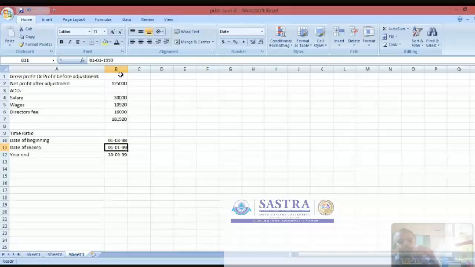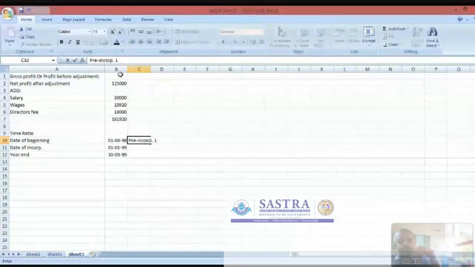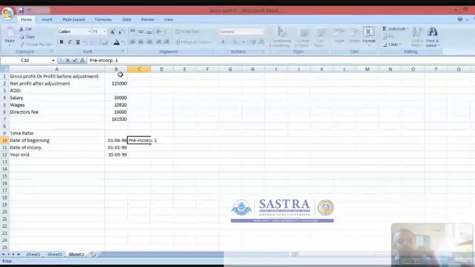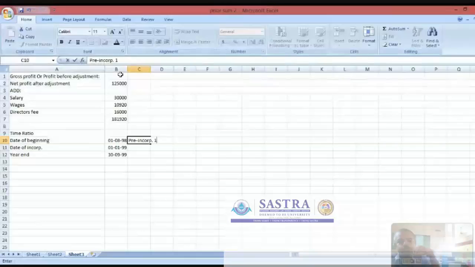Okay, so what is the pre-incorporation period? This question is important because it follows neither the financial year nor the calendar year. The year beginning is 1/8/98 and it ended 30th September 99, so it is 12 months ended 30th 9/99.